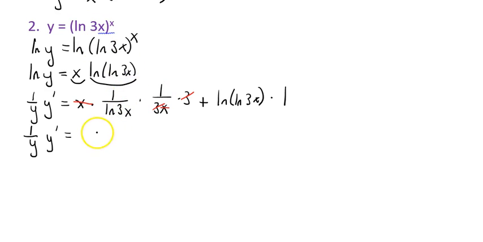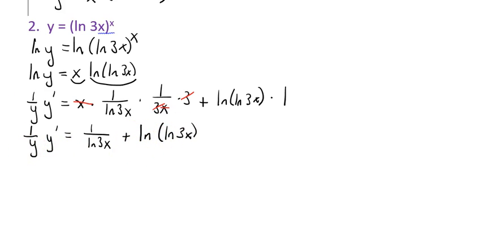And so that just leaves me with 1 over the natural log of 3x. And then our second piece, anything times 1 is itself, so we just have natural log of natural log 3x. And that's the most simplified that we need to worry about with that side.